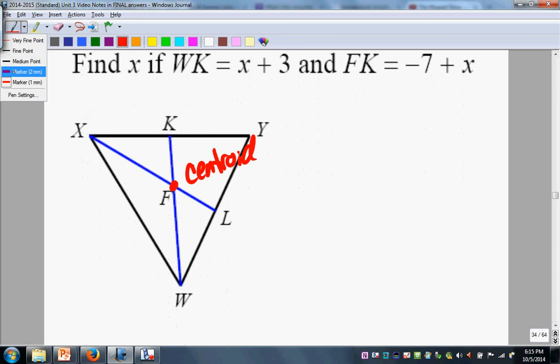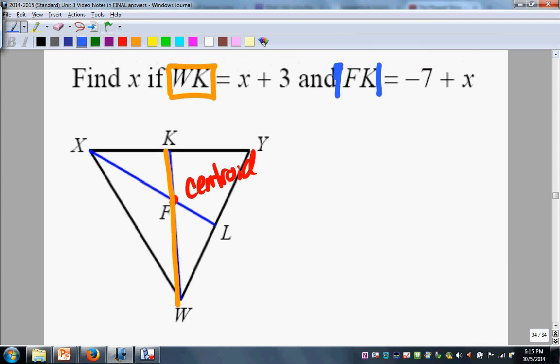All right, I'm going to color code this for you. WK, I'm going to do this in orange. WK is the whole thing. F to K, I'm going to keep blue, F to K is right here. Now, there's a little piece missing.